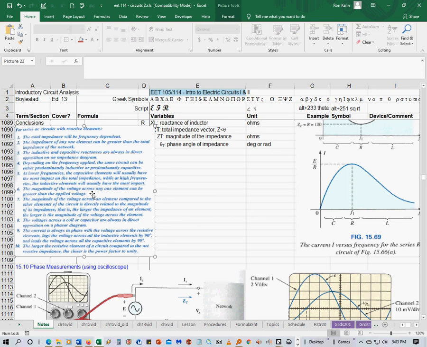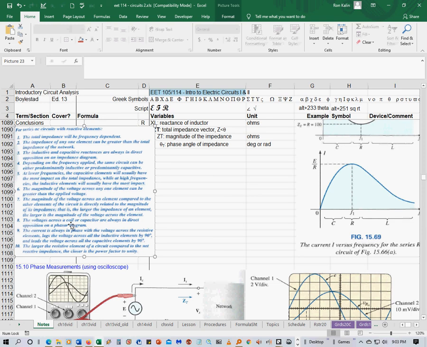The magnitude of the voltage across any one element could be greater than the applied voltage. The magnitude of the voltage across an element compared to the other elements of the circuit is directly related to the magnitude of its impedance. So the larger the impedance of an element, the larger the magnitude of the voltage across the element.